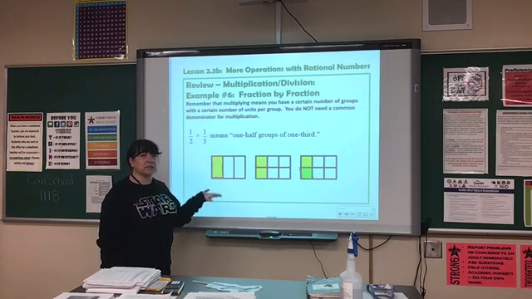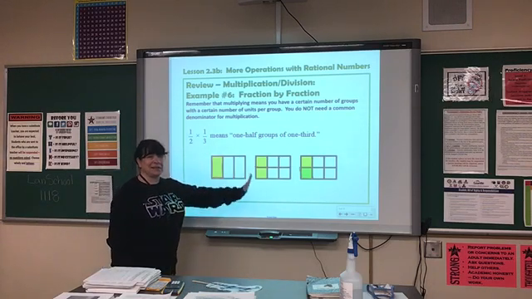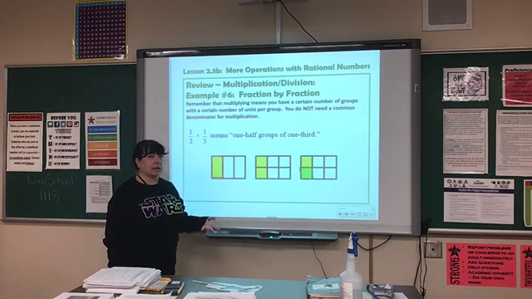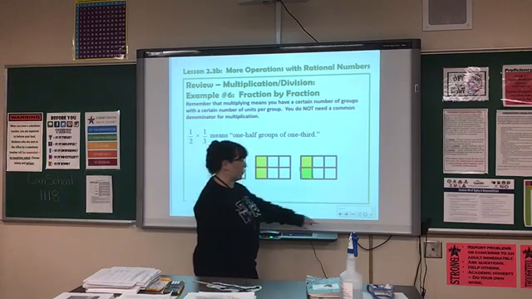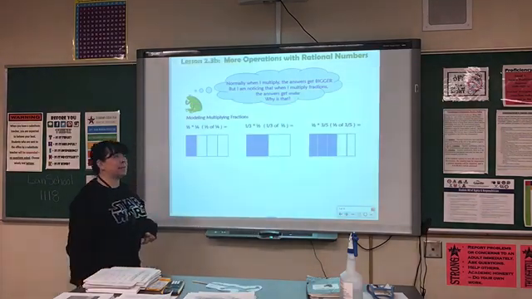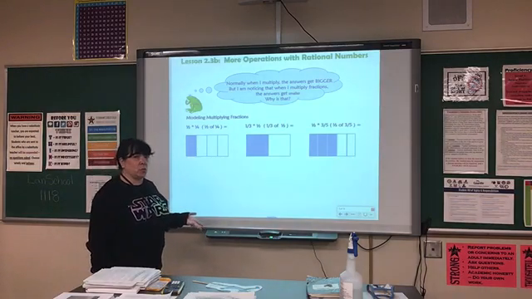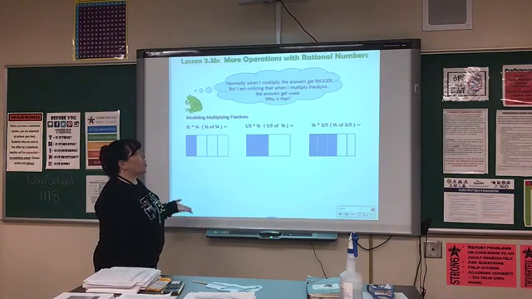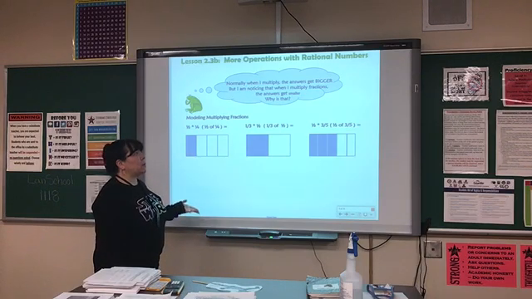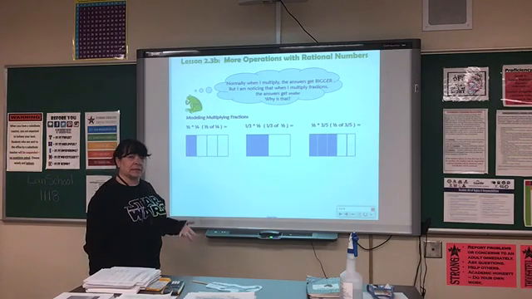So this is just some stuff, basically some fourth grade models. And I know that you all did some of these kinds of pictures back in fourth grade. So if we look at these, and I suggest you write these down, when I multiply, usually the answers get bigger, but when I multiply fractions, the answers get smaller.